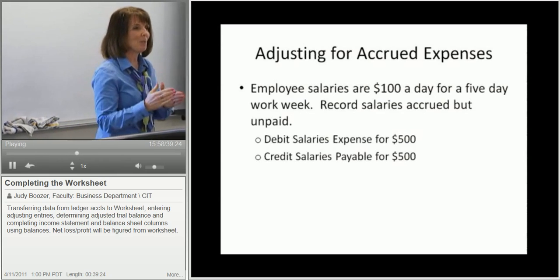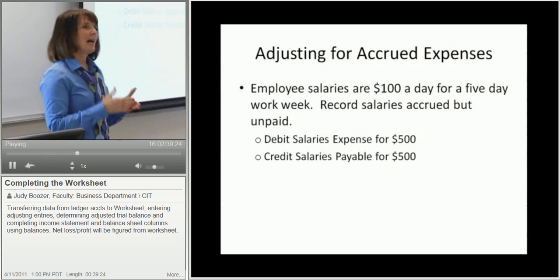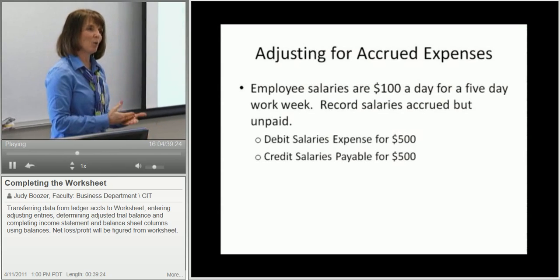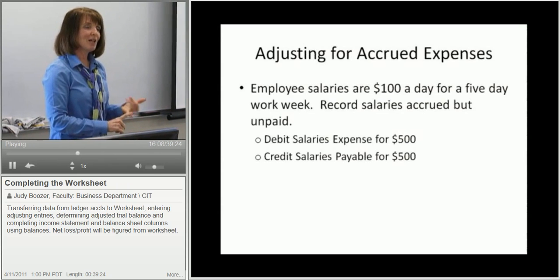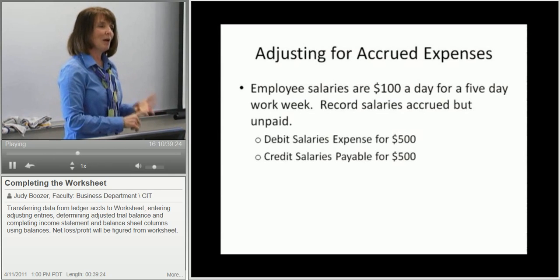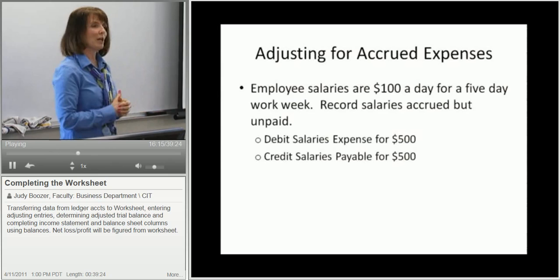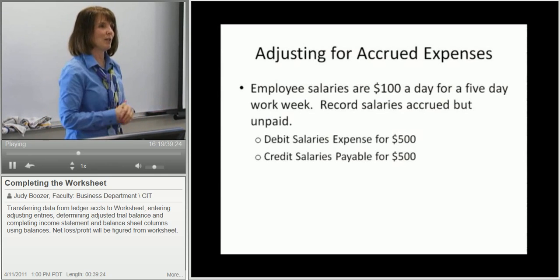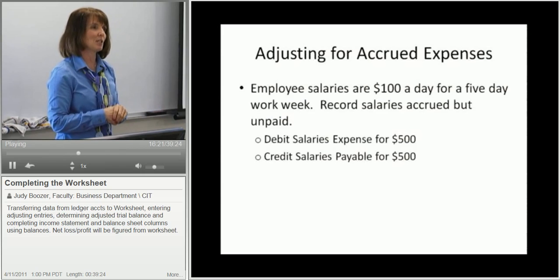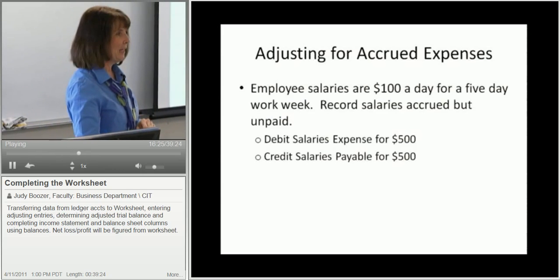Salaries payable. What kind of an account is salaries payable? Liability, which means that's a debt we're incurring. You've earned the salary, so we have to pay you, but we're not going to pay you now. So therefore, we're incurring a debt for $500. But we can expense it out, showing that it is an expense of the business right now. Okay, any questions on that one?